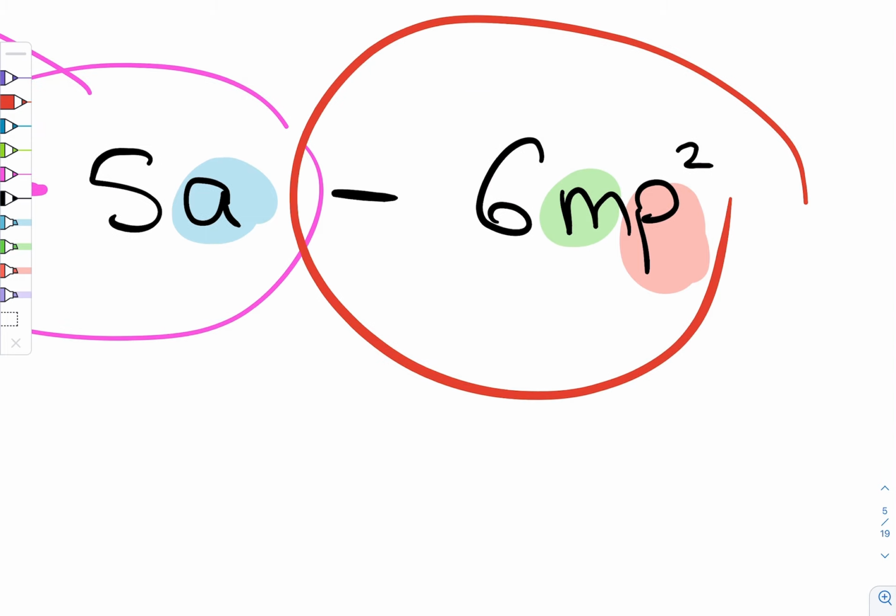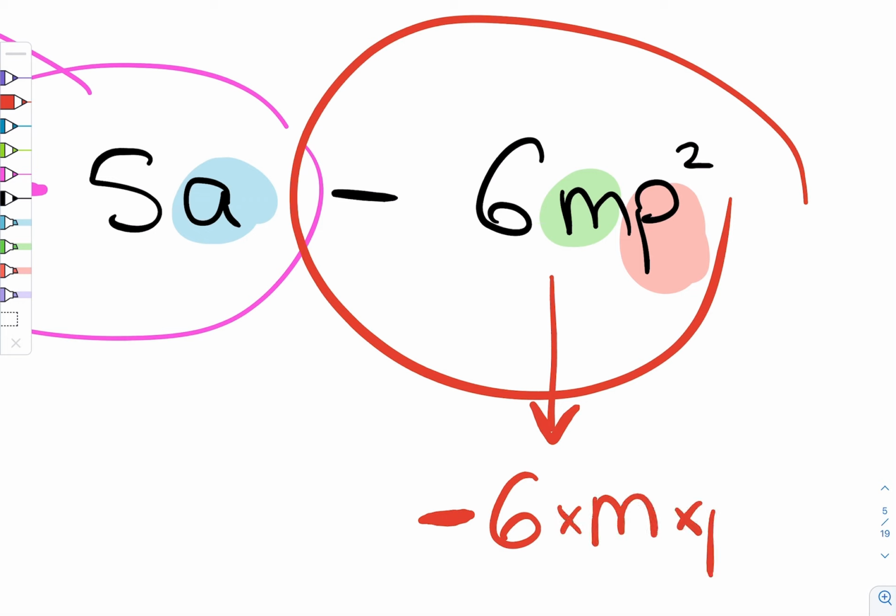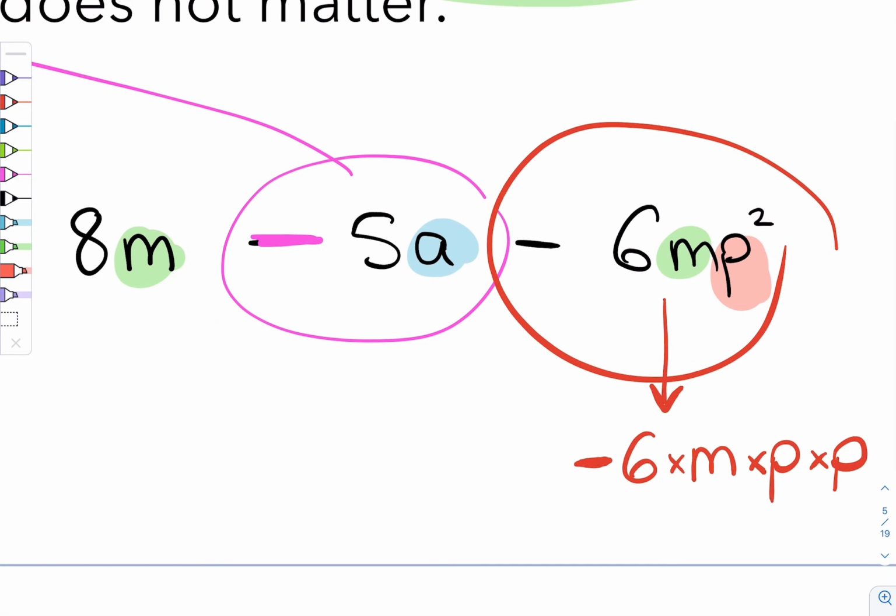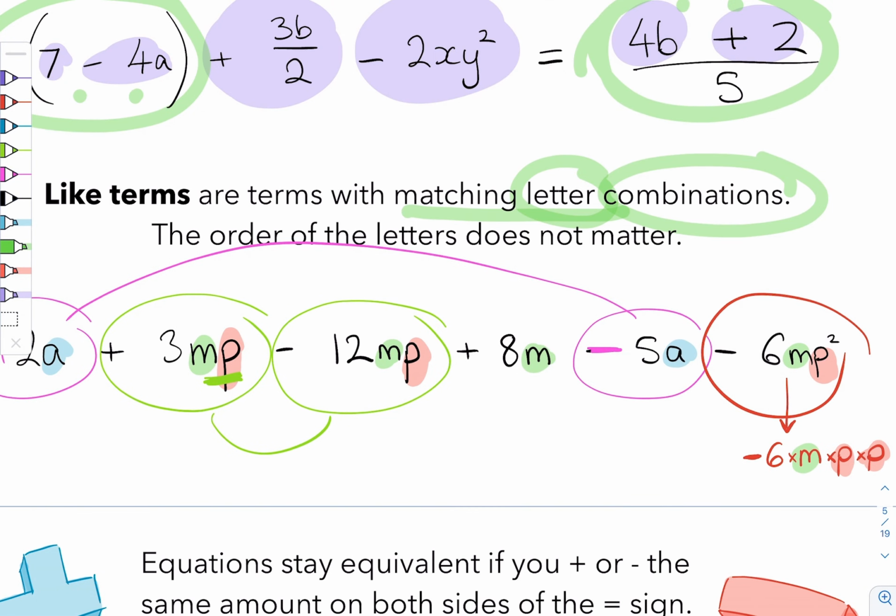Because when I translate this one, it actually says negative 6 times M times P times P. That's two copies of the letter P. Can you see how this doesn't match those, because they only have one P each? So they don't belong with the green terms I made earlier. So it doesn't have anyone to belong with.